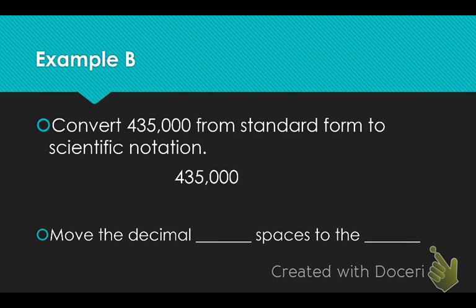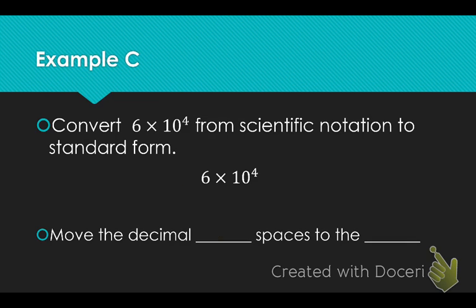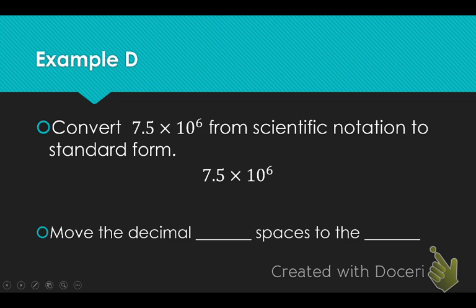Now we're going to go the other way. We are going to turn a number that's already in scientific notation to standard form. So I'm going to convert 6 times 10 to the 4th power from scientific notation to standard form. So what this means is I'm going to move the decimal back. So instead of moving our decimal to the left, we're going to move it to the right.